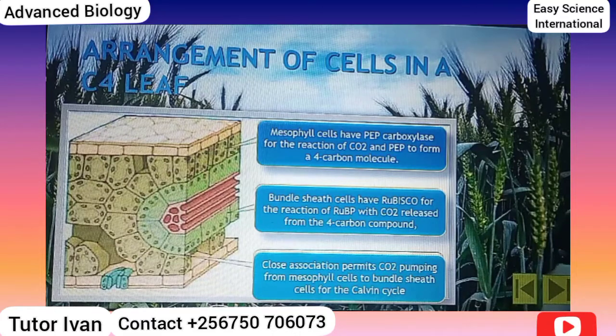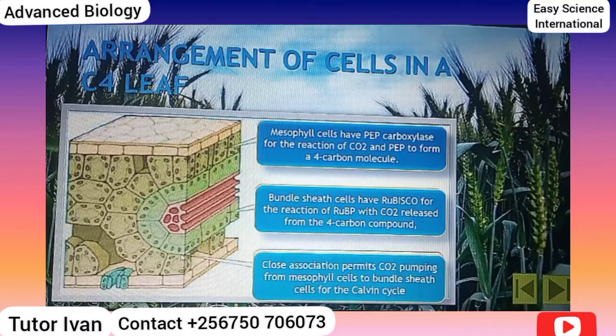Then, still looking at the leaf anatomy of C4 plants, the 2 dimorphic chloroplasts found in these different cells have a close association. They are close together. This permits carbon dioxide pumping from the mesophyll cells to the bundle sheath cells for the Calvin cycle to occur. We know that rubisco is the enzyme that runs the Calvin cycle the way it does in C3 plants.